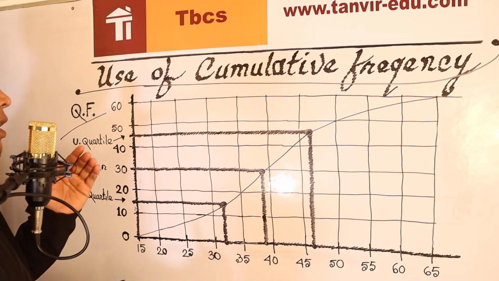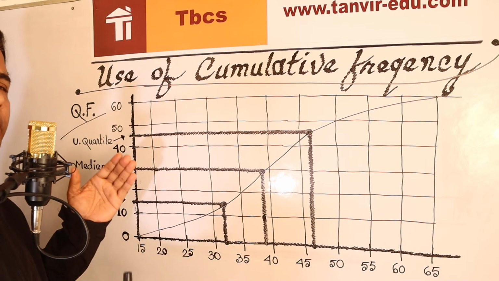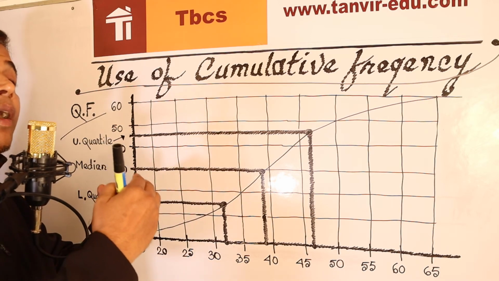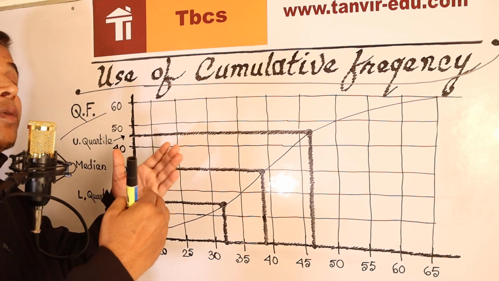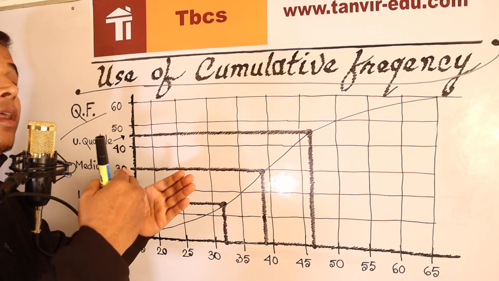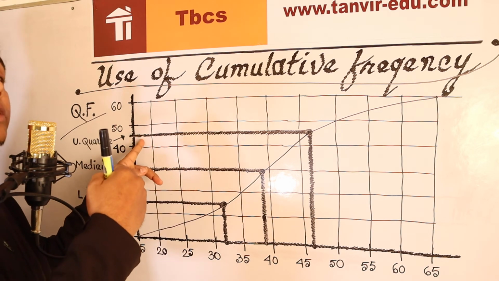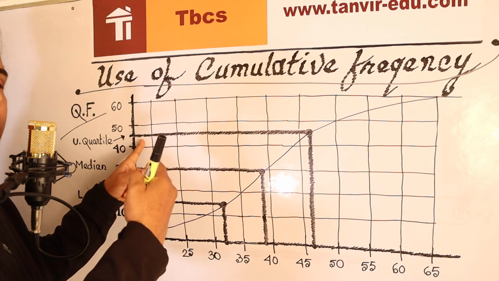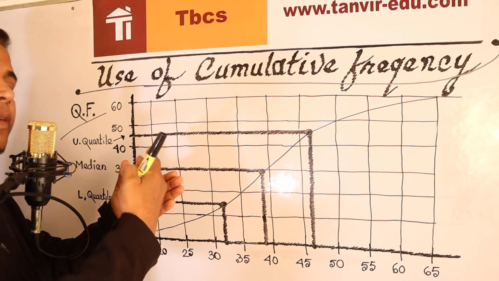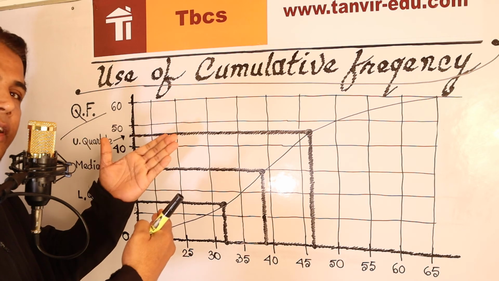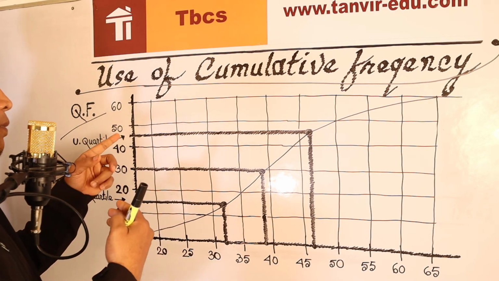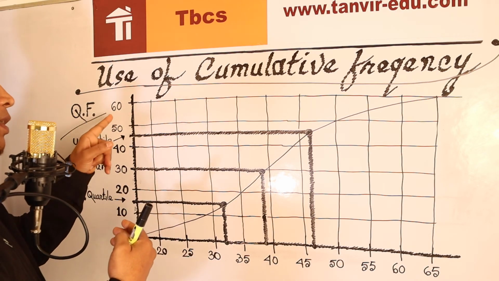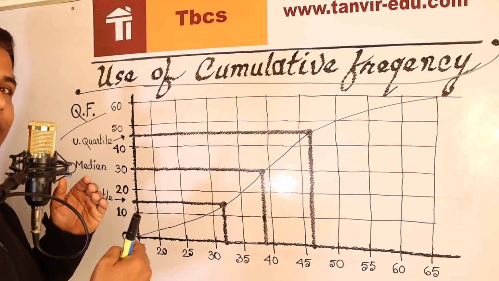Now the question is the upper quartile. I told you that quarter means 1/4, and the last quarter means the last 25%. Don't you understand? It means first 25%, then 50%, then 75%. So 75% of 60 is 45.